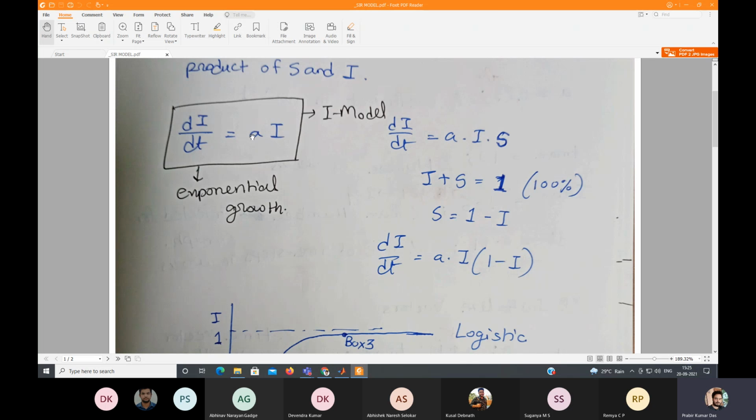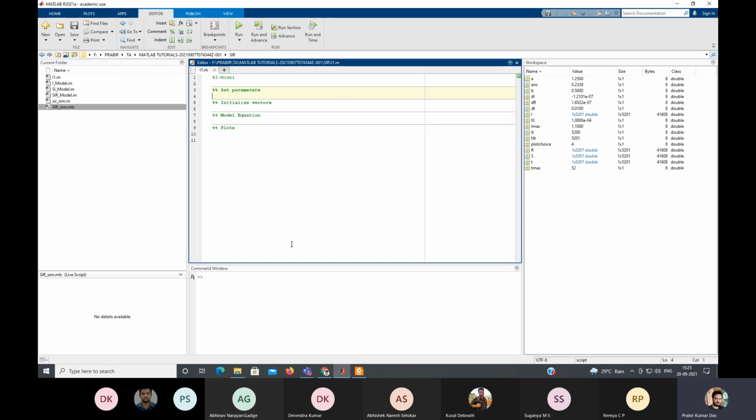So the parameter is A. A is the parameter, and all the values of the parameters will be given to you, so you don't need to worry about it. So first the A parameter, we will put it as 1.5. There is a method, parameter estimation in statistics, where these parameter values can be estimated using real data. So right now we don't need to bother about it.